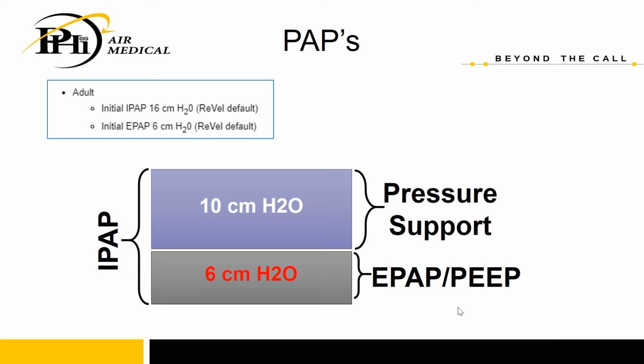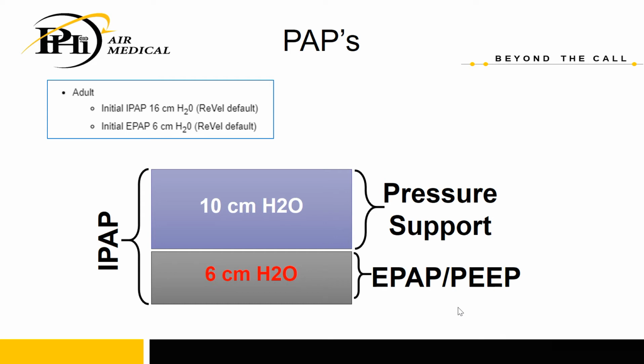So our starting IPAP is 16, our starting EPAP is 6, our EPAP is simply our PEEP, which would be our PEEP of 6 per the guidelines. And so we have this other number here, the difference between our IPAP and our EPAP, which is 10. And that is our delta. So that's our pressure support or our delta pressure, our driving pressure.